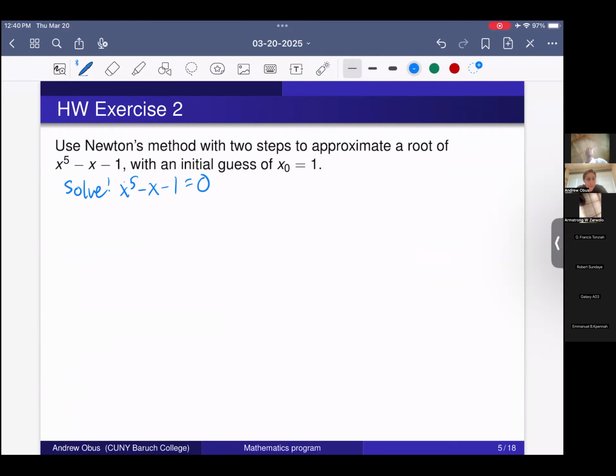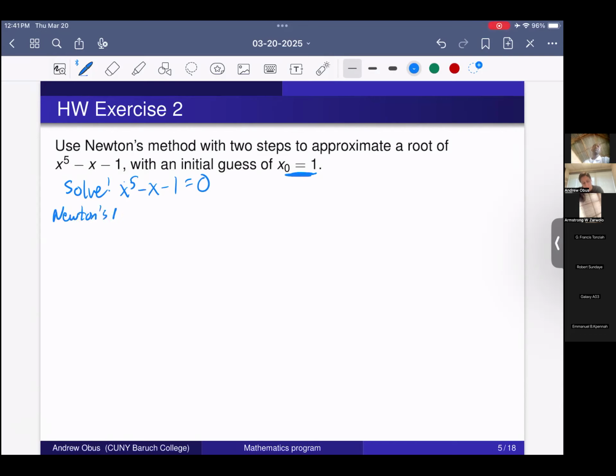There's no easy factoring that you're going to find for this equation. You're not going to be able to just manipulate it and get to a solution. You can try, but it's not going to work. So the best we can do is use Newton's method. And so our initial guess is x0 equals 1.